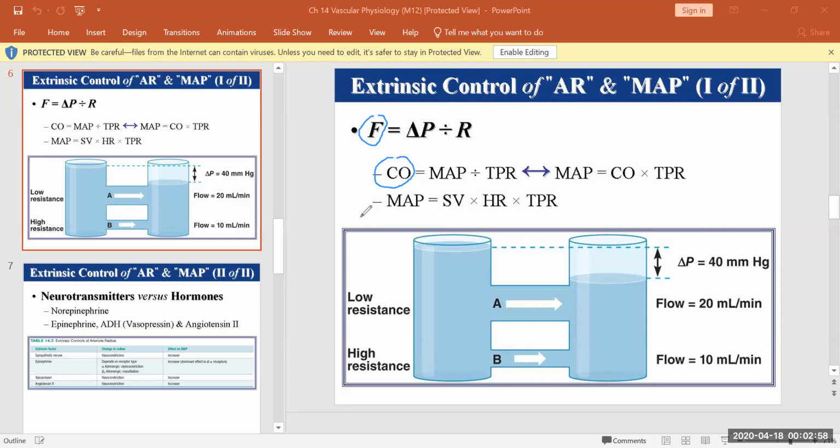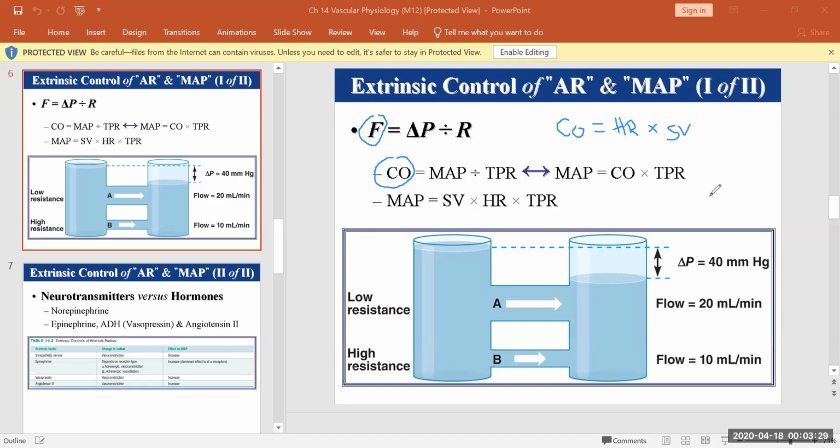Okay, this is the amount of blood being pumped out by the heart per unit time. We learned in chapter 13 cardiac output. We also learned that CO, cardiac output, depends on two factors: HR, heart rate, times stroke volume.